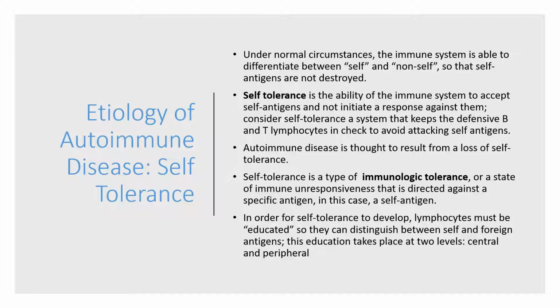Lymphocytes have to be educated so they can distinguish self and foreign antigens, and this education takes place, as we know, for the T cells in the thymus, and B cells go through a different maturation process. The T cells get random antigenic markers put on them in the maturation process.